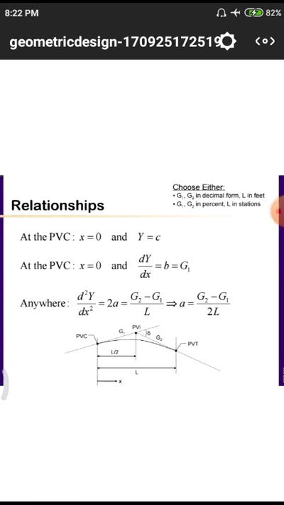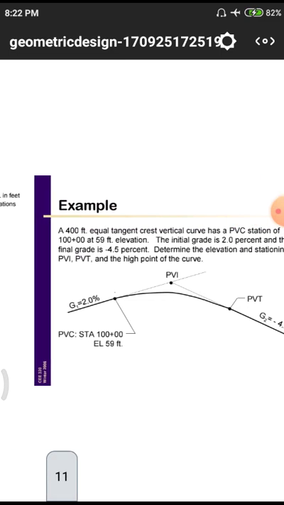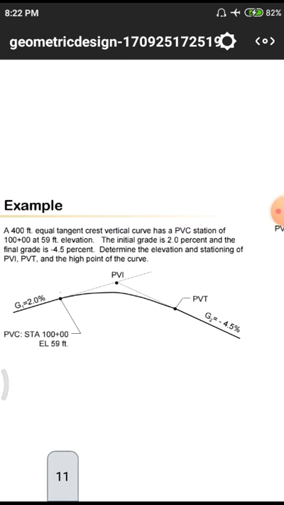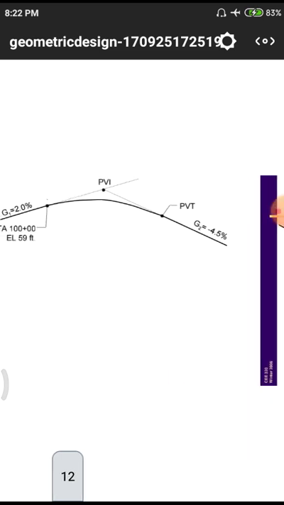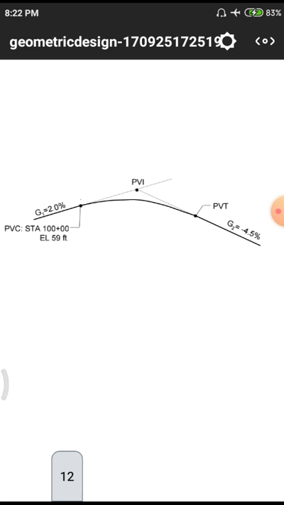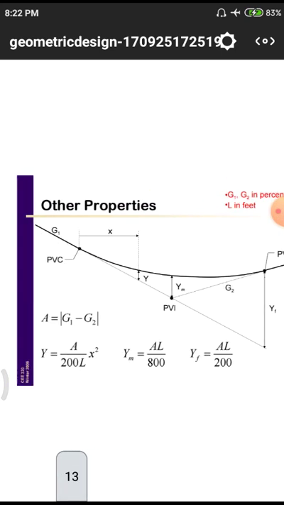So we have these elevations with respect to the gradients, (g2 minus g1) by 2L. In previous cases we had g1 as dy by dx. Here we have to observe that gradient 1 is positive and gradient 2 is negative. Stationary point at 100 feet. Here also we have gradients, and y equal to a by 2.